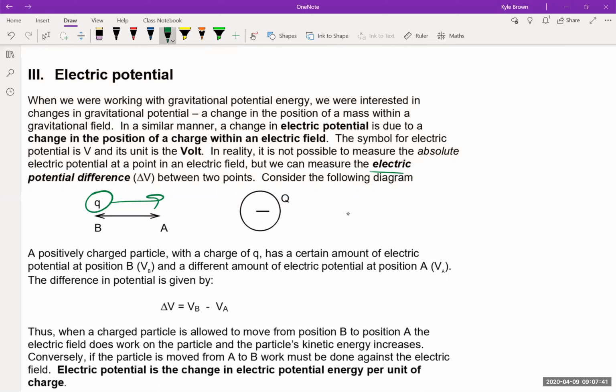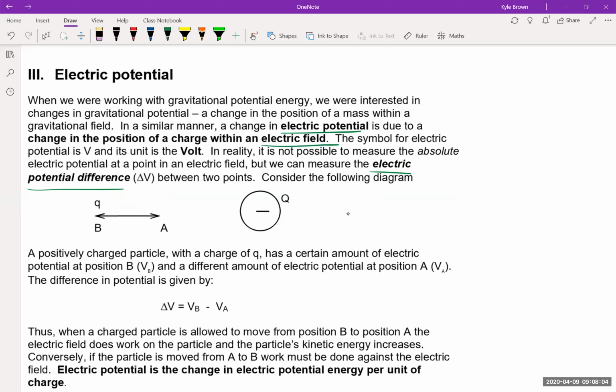It's going to be the electric potential difference. You guys have probably seen that before with electricity. You've got your voltage, your current, your resistance, and we're going to do more of that as well. But really what your voltage is, it's the change in electric potential due to the change in the position of a charge within an electric field.